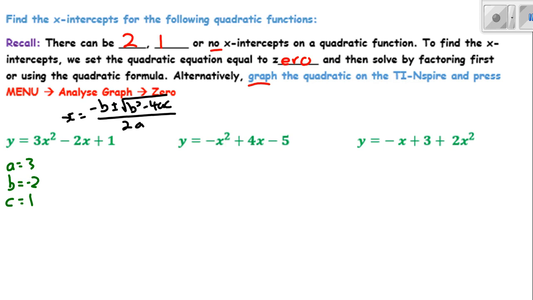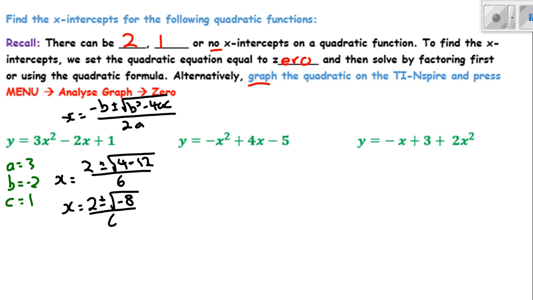So x equals -b, which is -2, so +2, plus or minus the square root of -2 squared, which is +4, minus 4 times 3 times 1, which is 12, over 2 times a, which is 6. I'm being really slack. So x equals 2 plus or minus the square root of -8, over 6.